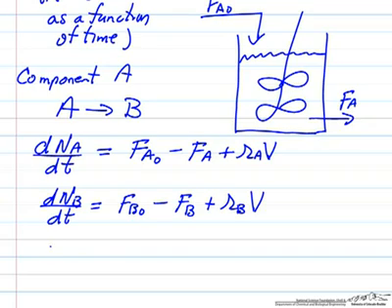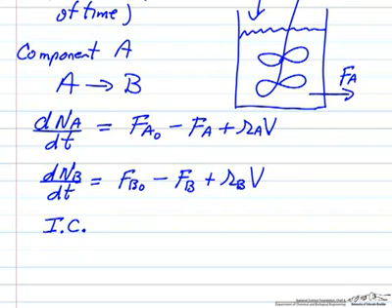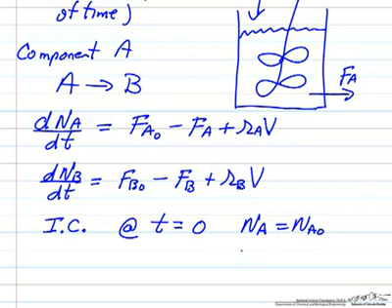In order to solve this equation, we're going to need initial conditions, and the initial conditions correspond to what is in the reactor at the starting time. So at t equals 0, the number of moles of A in the reactor is some constant, and the number of moles of B is also a constant. This we can now solve once we know the expression for the rate of reaction.